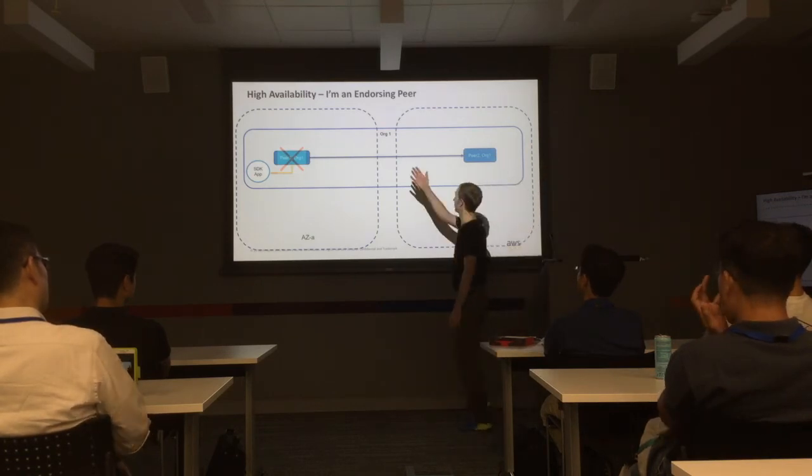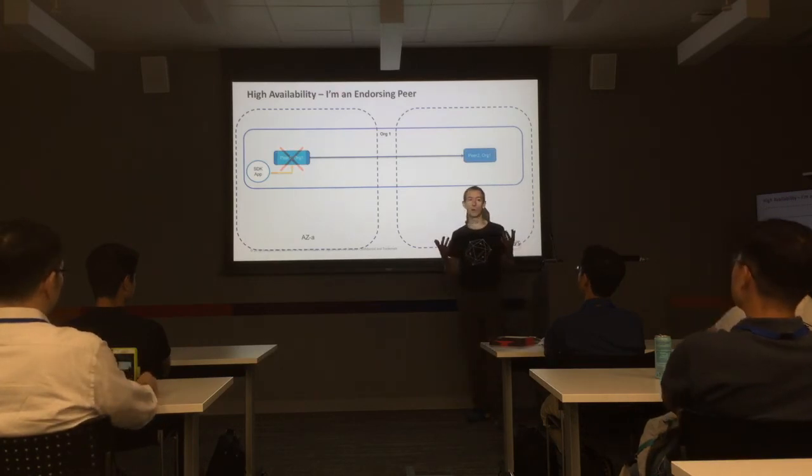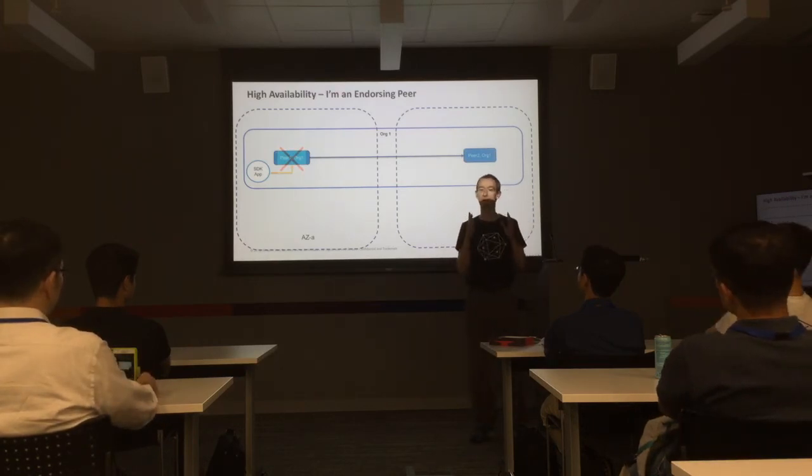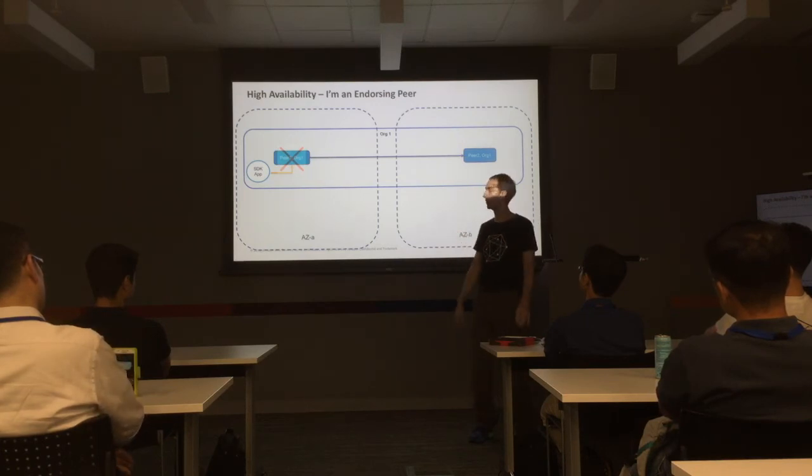So here's some examples. Let's say your peer is an endorsing peer. By endorsing peer, what I mean is that peer has to digitally sign transactions before they're sent to the ordering component. So that means the application, like in this case the Marbles application, has to send those transactions to all of the endorsing peers based on the endorsement policy, and they all have to sign it. If there's no endorsing peer available, the transaction fails, right?